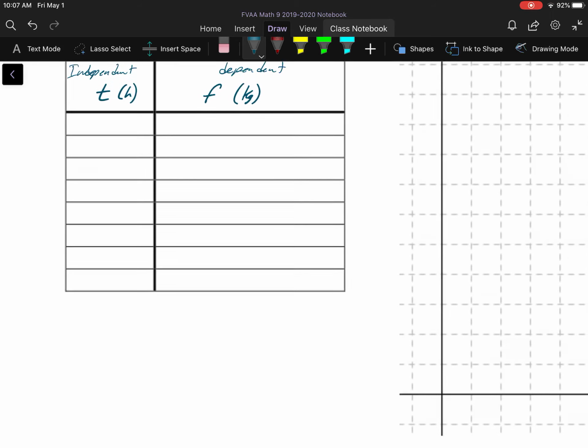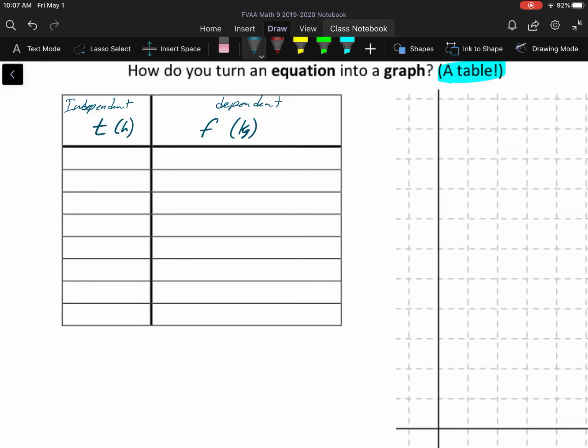Let's take a look. We'll start with 0 hours and go up to 7. After 0 hours, how much fuel has been burnt? You can always use your equation, F equals 12,800 T, and plug in the values of T: hour 1, hour 2, hour 3, hour 4, hour 5, hour 6, hour 7.